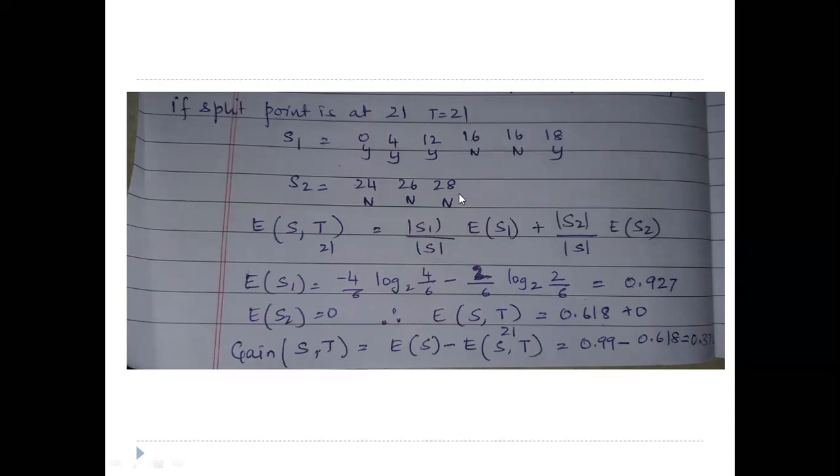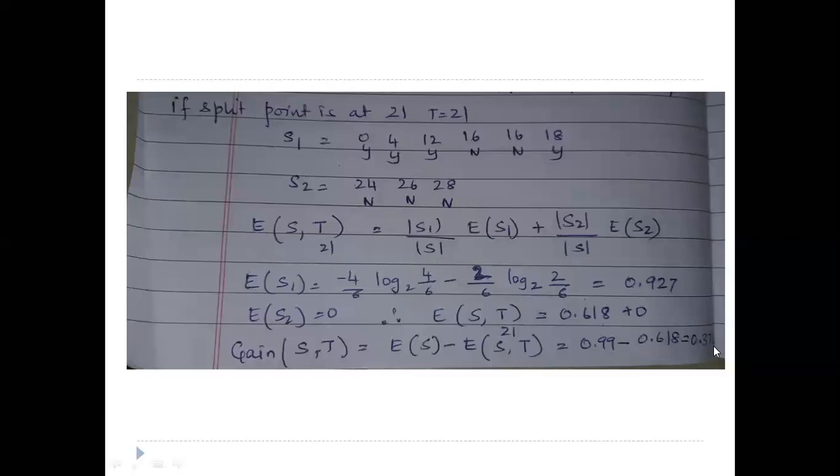Now, once we have calculated that entropy of S of T, when you're taking a split at 21, is 0.618. So what I need to do is find out the gain of the set S when you have taken a split point at 21. So here it will be E of S minus E of S of T. That equals the entropy of the actual set, 0.99, minus 0.618, which equals 0.372.